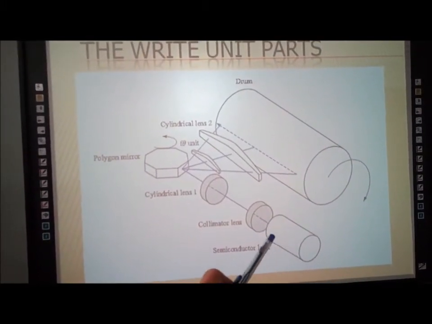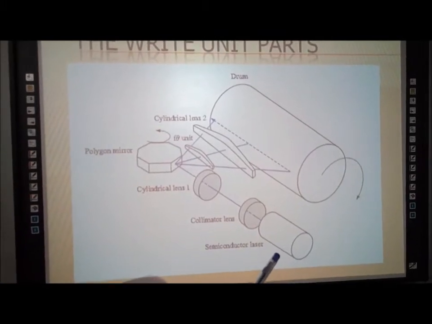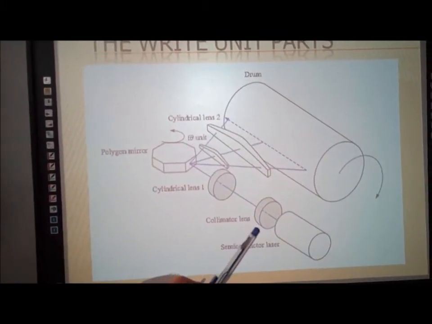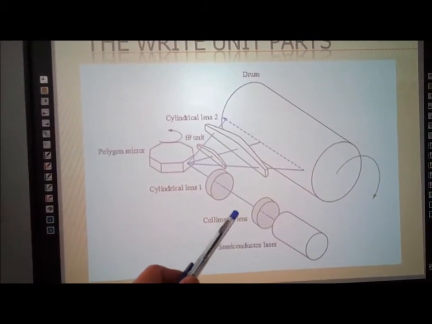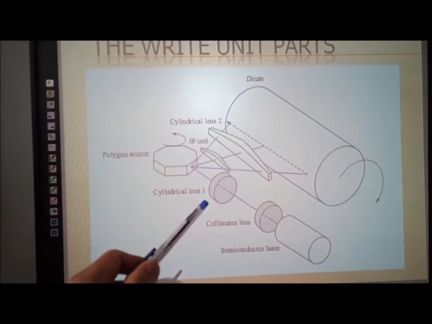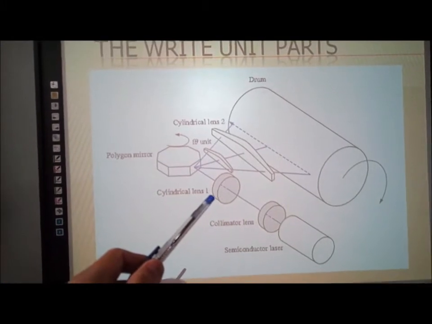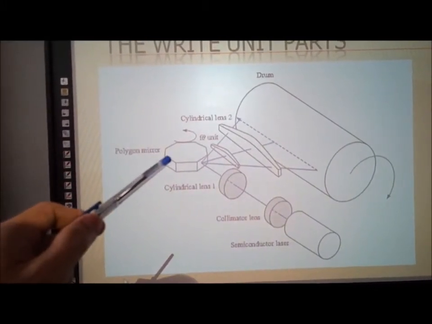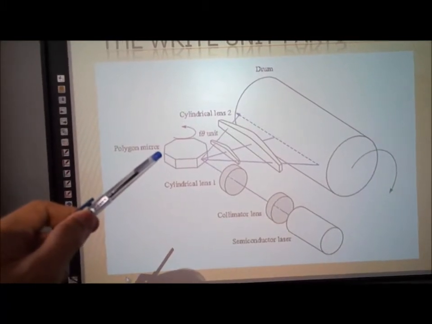This is the semiconductor laser, this one is the Collimator Lens, this one is the Cylindrical Lens, and this one is the Polygon Mirror.